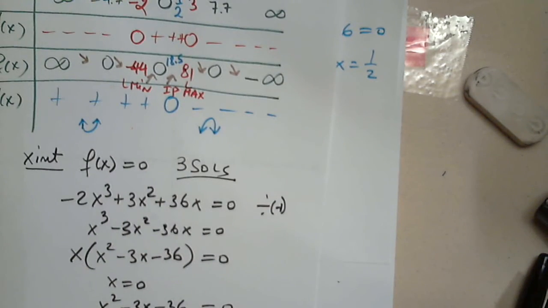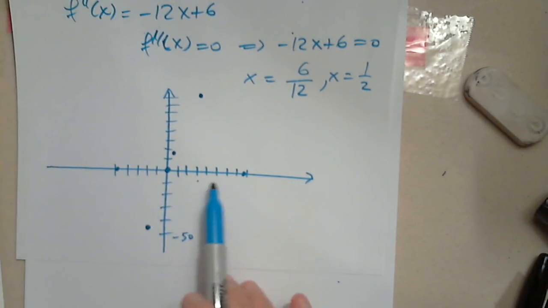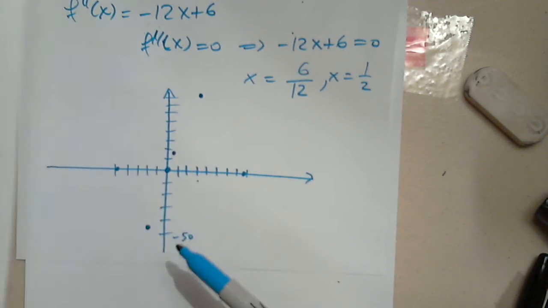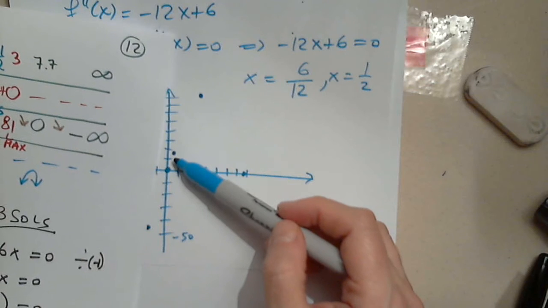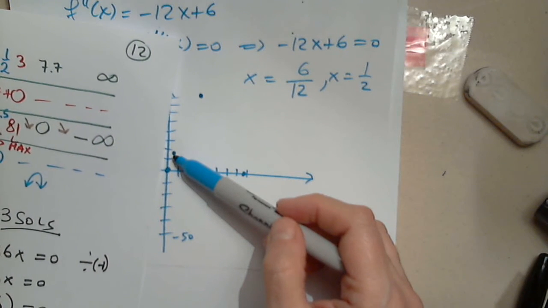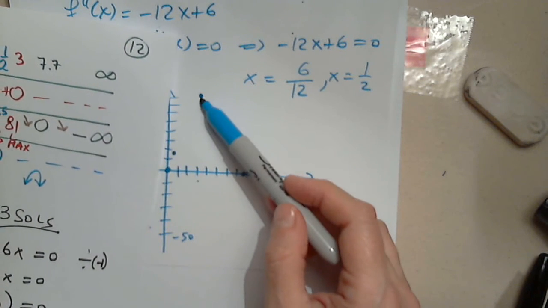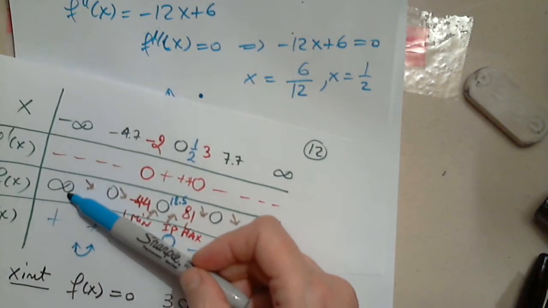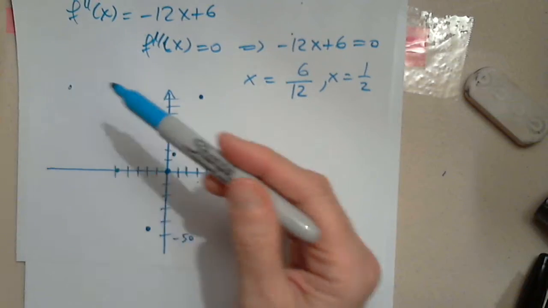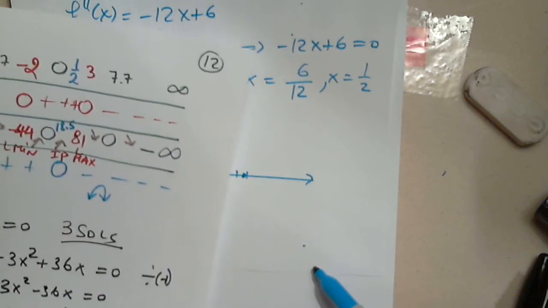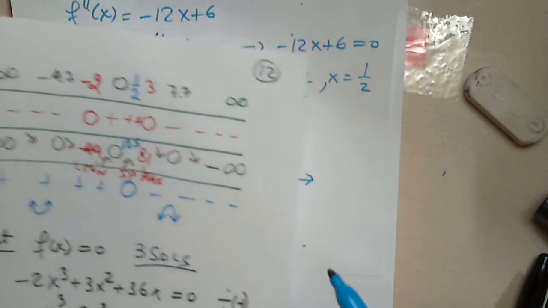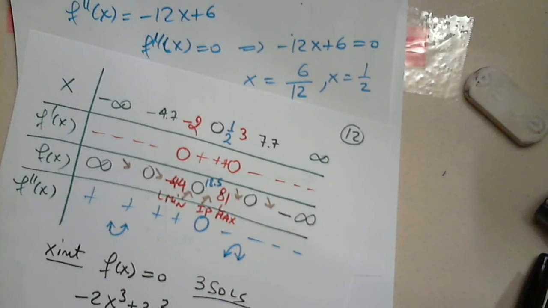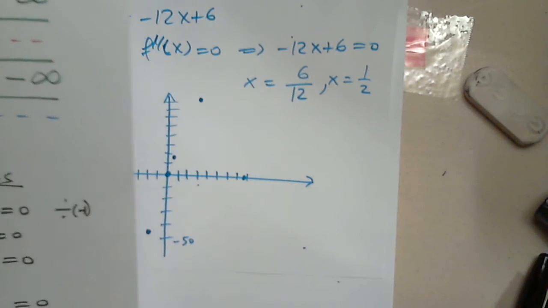So I plotted all the points: 3 x-intercepts, 1 local min, 1 local max, and 1 inflection point. I know the function is coming from positive infinity somewhere here, and it has to go to negative infinity somewhere here. And now we put everything together at this point.